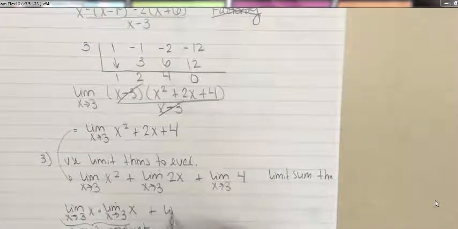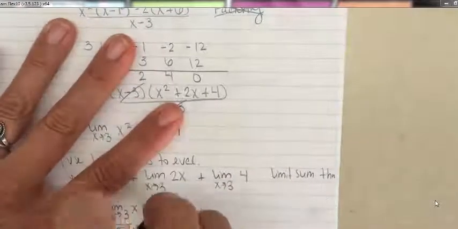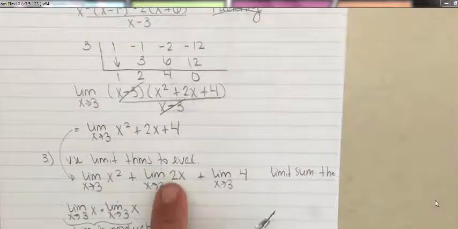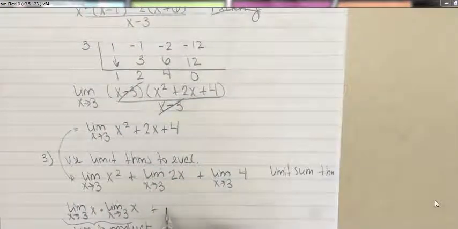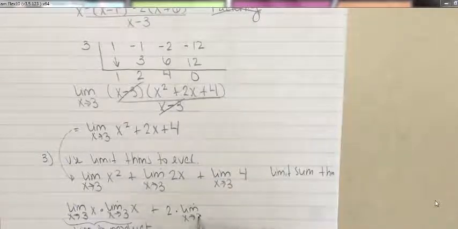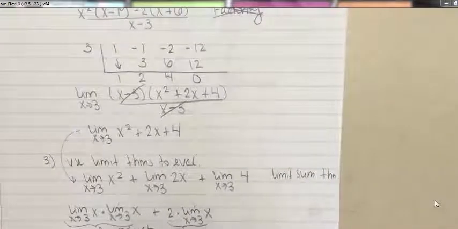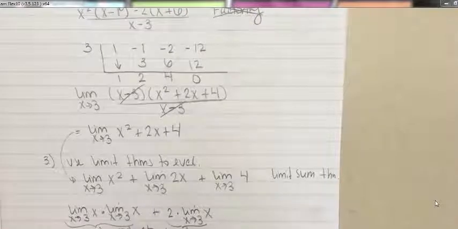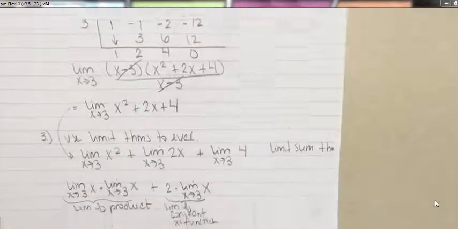Plus the limit as x goes to 3, oops, actually, what do I have right here? I have a constant times a function, right? So I can actually create this as 2 times the limit as x goes to 3 of x. So this is a limit of a constant times a function. Oops, I'm off the screen.